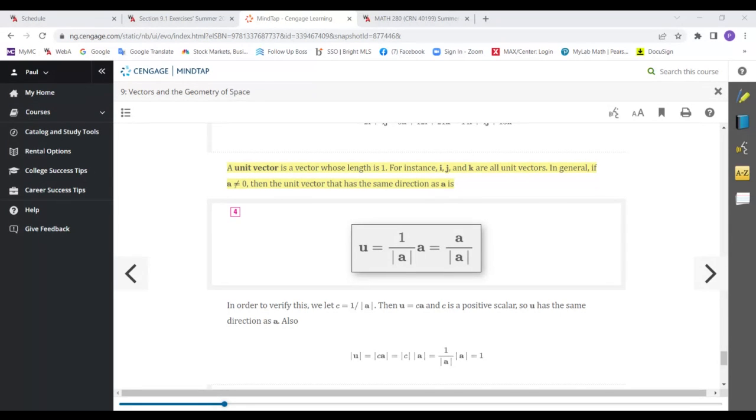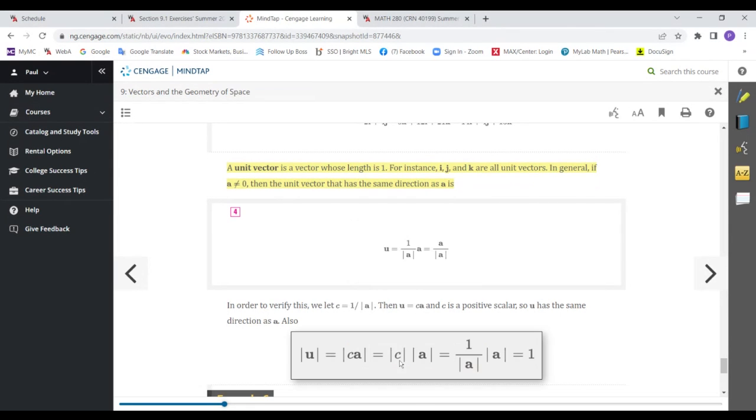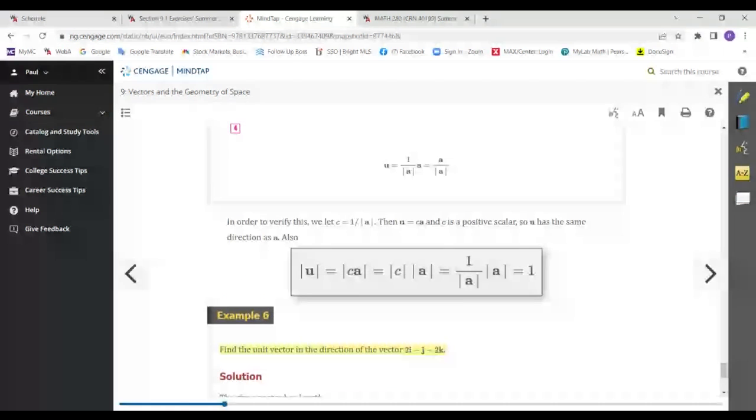Take a look at that. You see, if you want the length of the vector u, that equals the length of the vector c times a, but the scalar c can be brought out front of the length of a, and you just get 1.